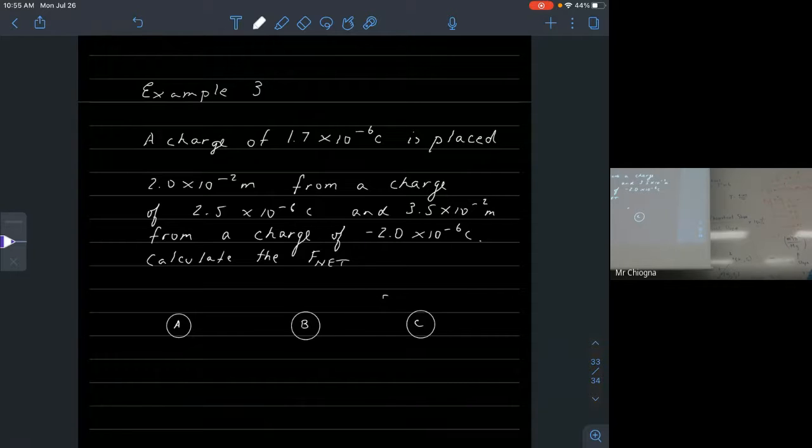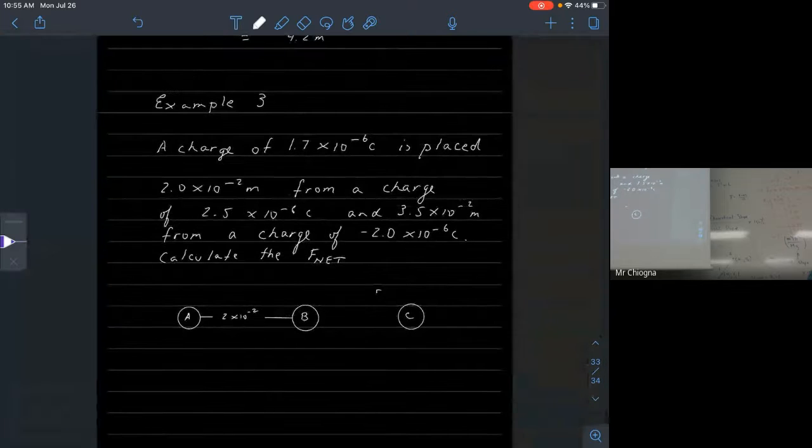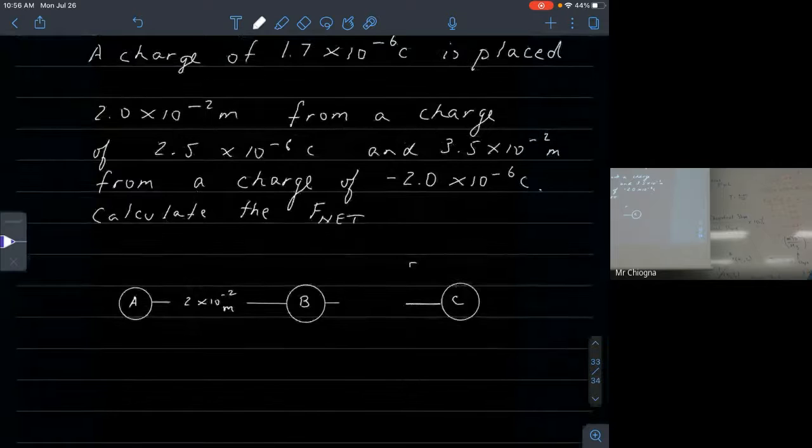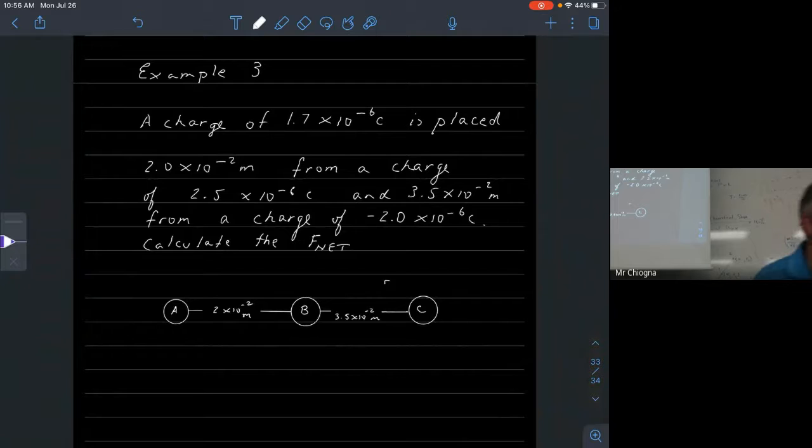Okay, so I'll draw the distances in here. This is your first charge, and this is your charge that's being acted on.